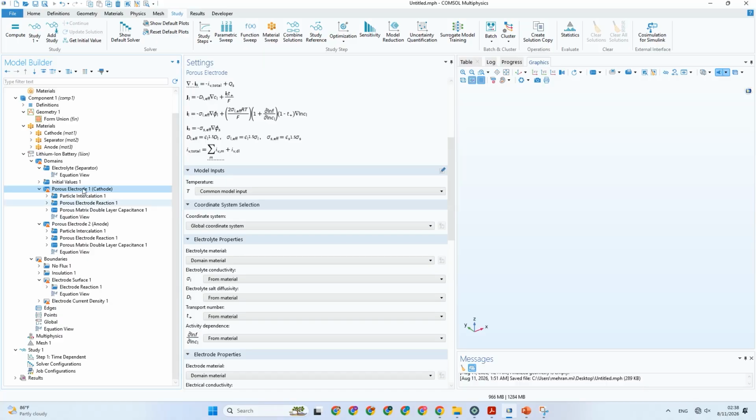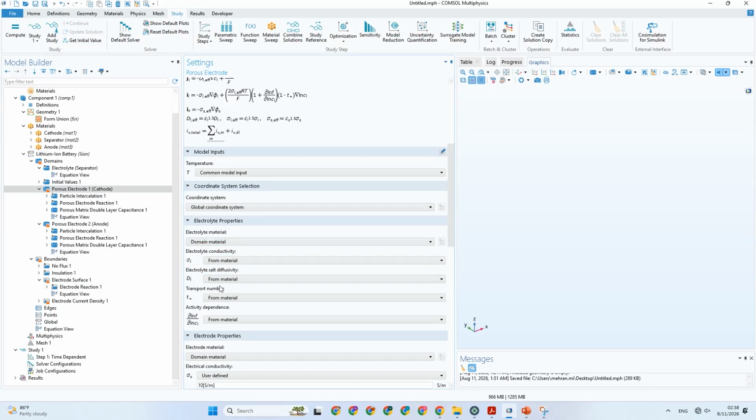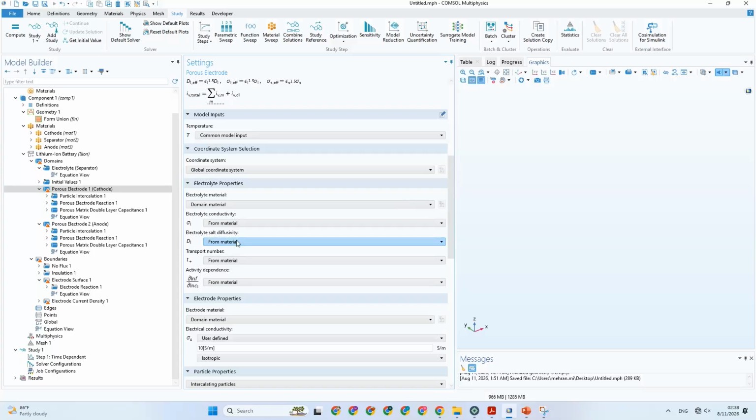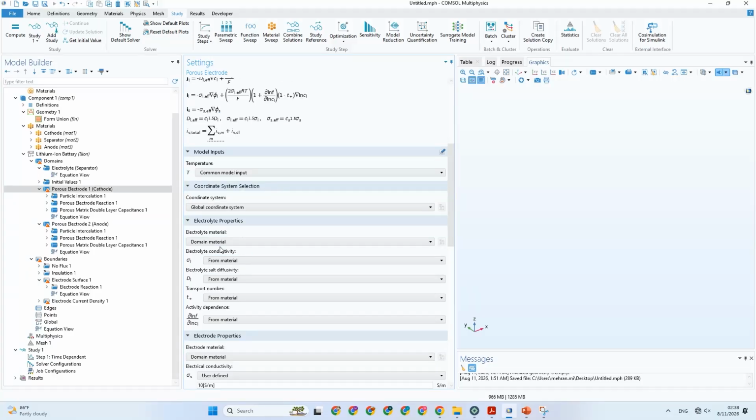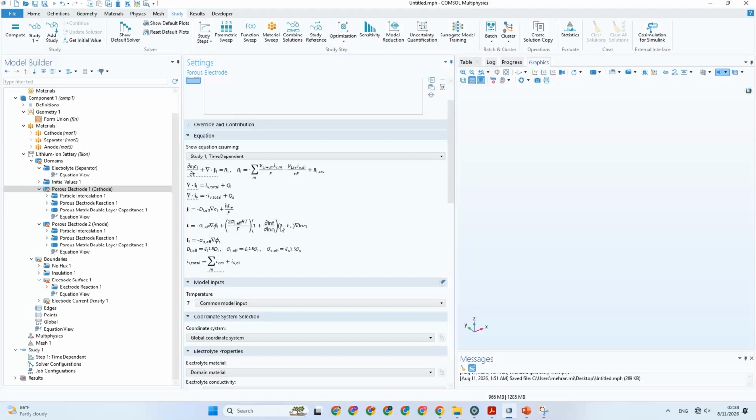But here we have a porous electrode. Just for the domain material, we can't use a separator for the electrolyte, because we have electrolyte properties that are coupled with the porous electrode. I hope you understand. It is so easy.